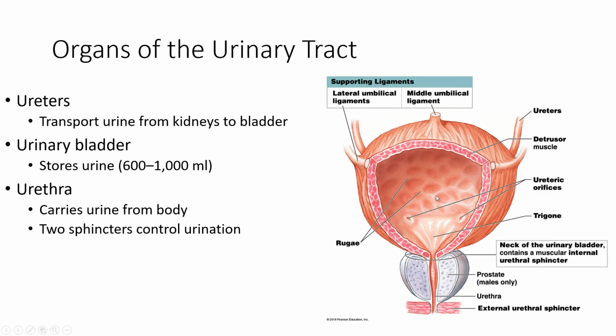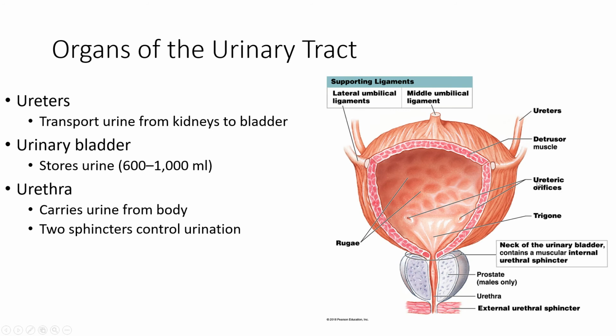You have the muscular layer, which is composed of the detrusor muscle, which contains three layers of smooth muscle. The inner and outer layers are longitudinal layers, and the middle layer is a circular layer.